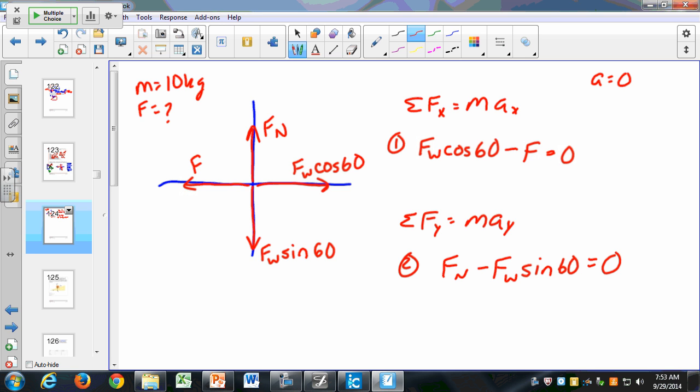Okay, so this one's pretty simple because I know a lot of information here. In fact, both of these equations only have one unknown. This one is not known, and the normal force is also not known, but otherwise I know everything else. So if I'm looking for F, it's just going to be Fw cosine 60.